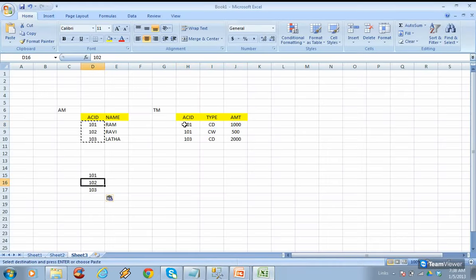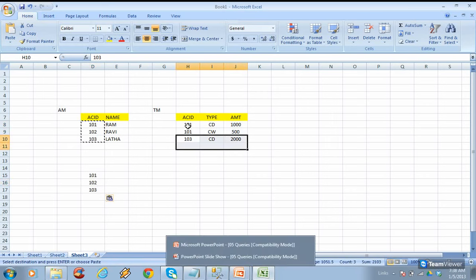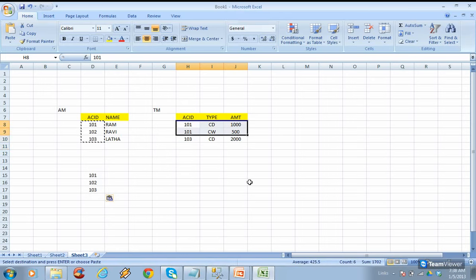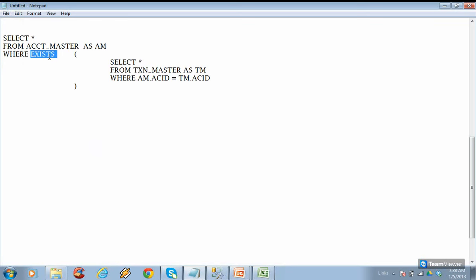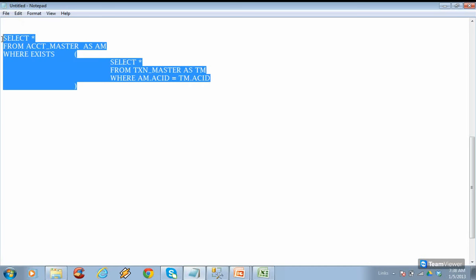It will check, it is not there. Then this will become false. This will not get any rows. When you don't get any rows, this function becomes false. The exists function will become true when you have rows, and false when you don't have rows. So this is the query we have to write.